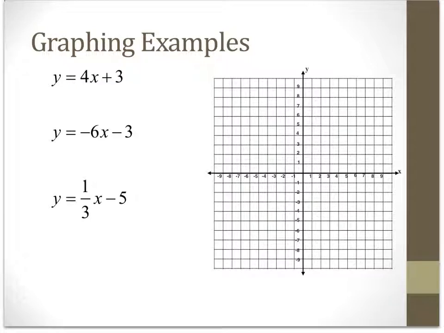Last but not least, a couple of graphing examples. We're actually just going to do the first one here. Actually, no, scratch that. We're going to look at all 3 of these to a certain extent. And what I just want to do here, because this is review, this is b, or the y-intercept.